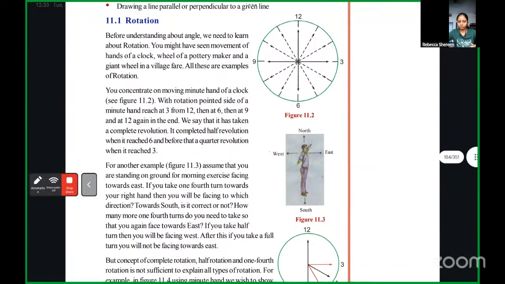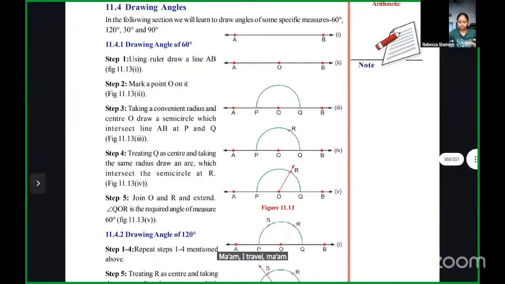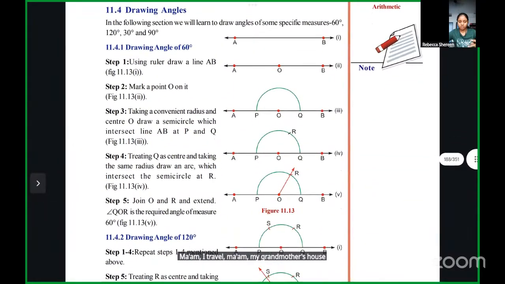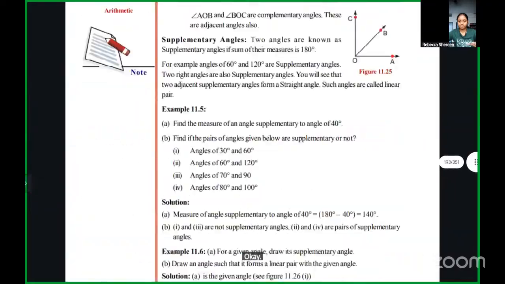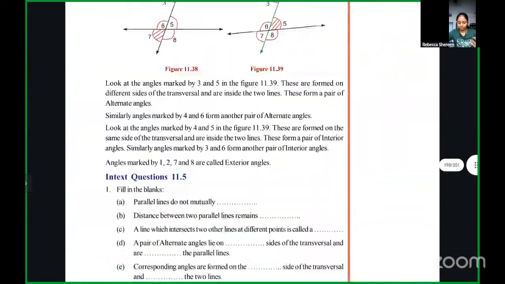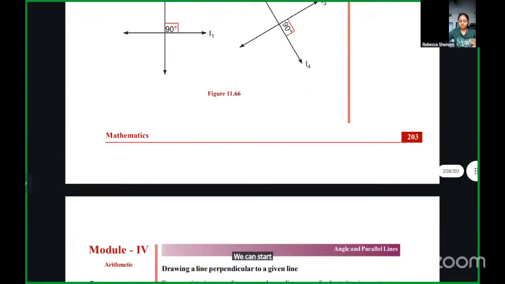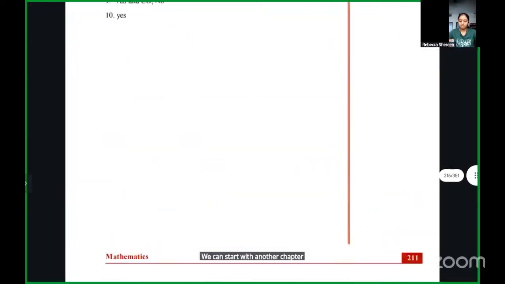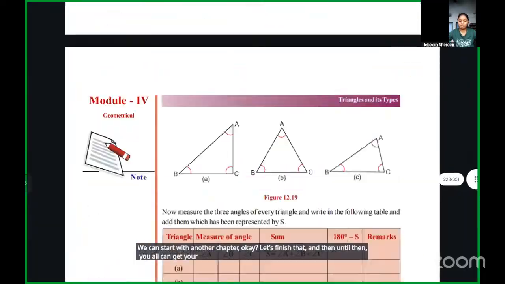No. Ma'am, I traveled to my grandmother's house. Okay, then, no problem. We can start with another chapter. Let's finish that, and until then, you all can get your geometry boxes ready.